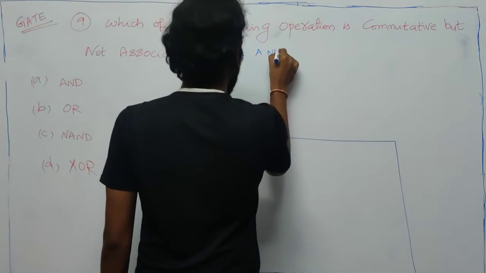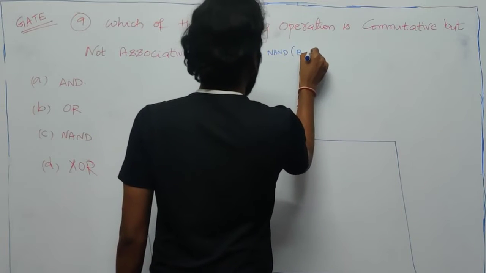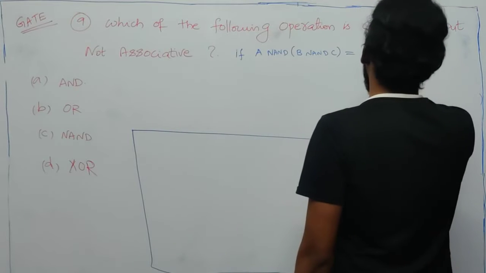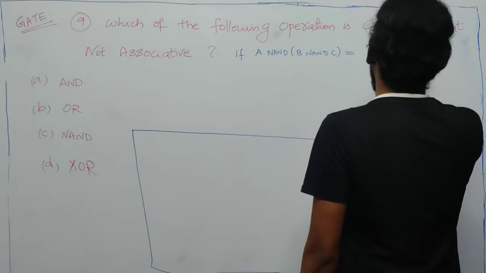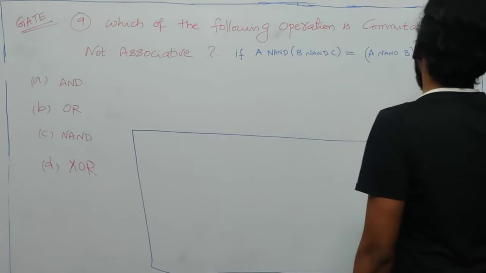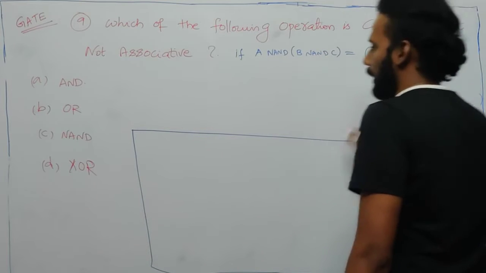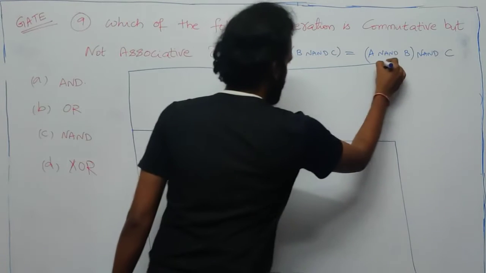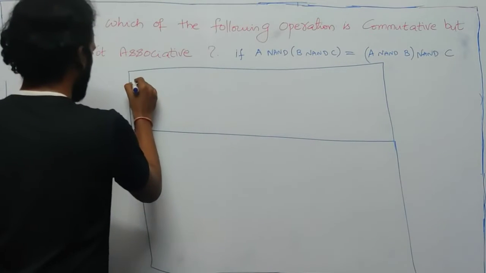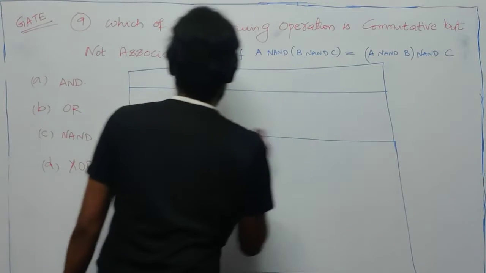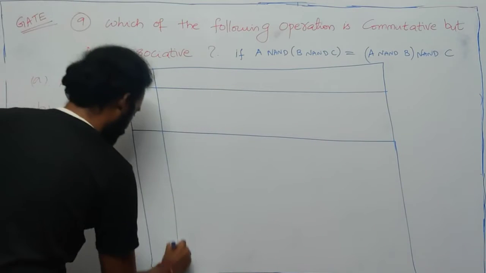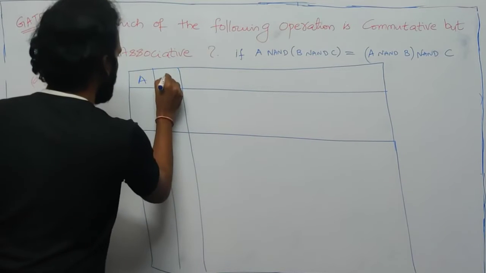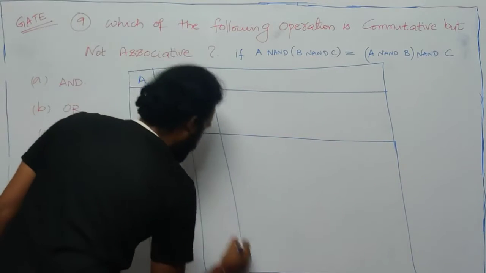A NAND (B NAND C) is equal to (A NAND B) NAND C. So what are the things that I need for this? First I need A, B, C, correct? 3 inputs.